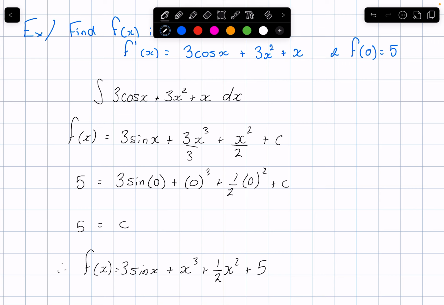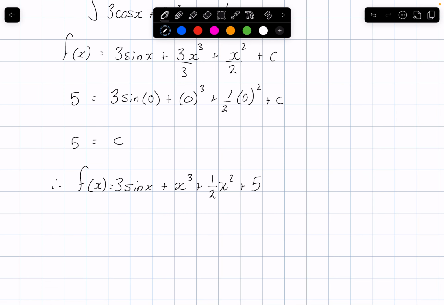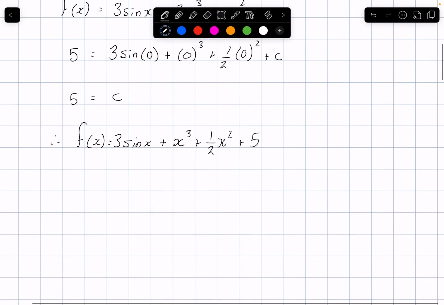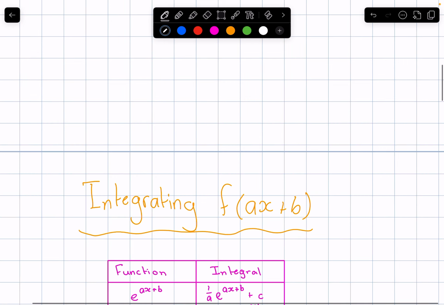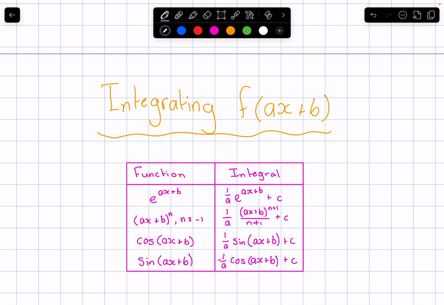So if you're given that extra information for an indefinite integral, you can find that c value by plugging in the coordinate. I spoke in the last video about extending the idea of integration to functions within functions, a bit like we did with differentiation. So when I've got f of ax plus b, our rules change a little bit.